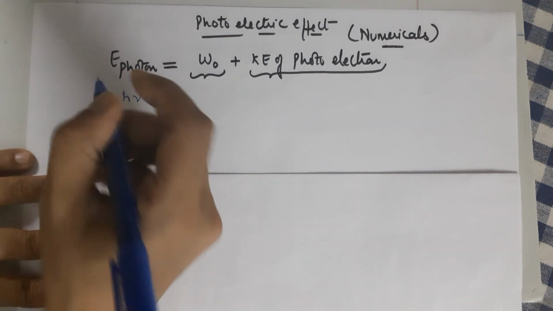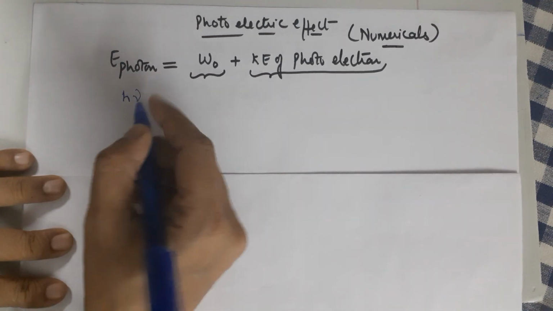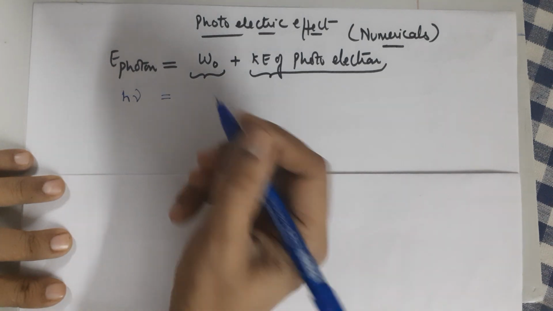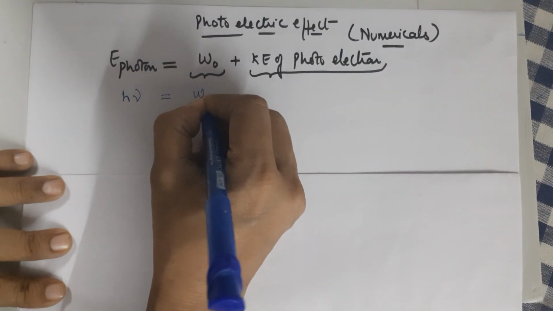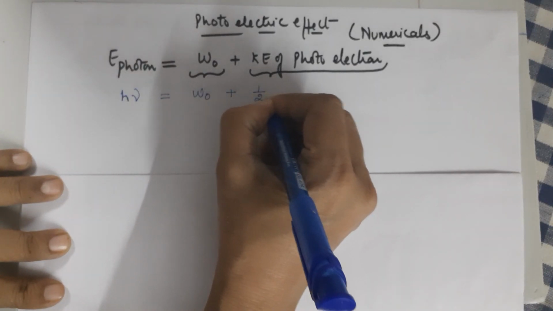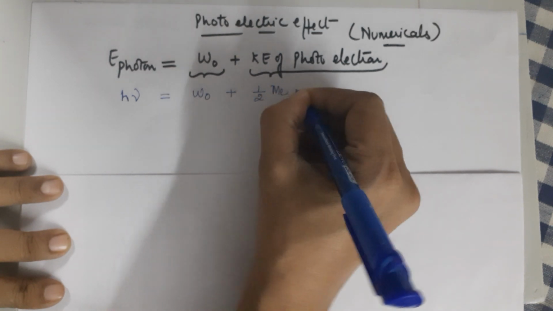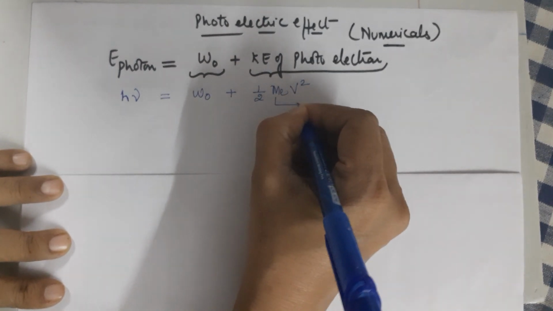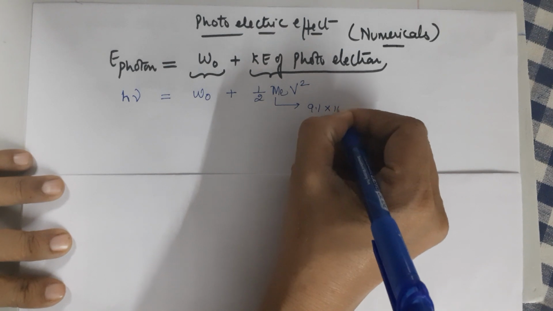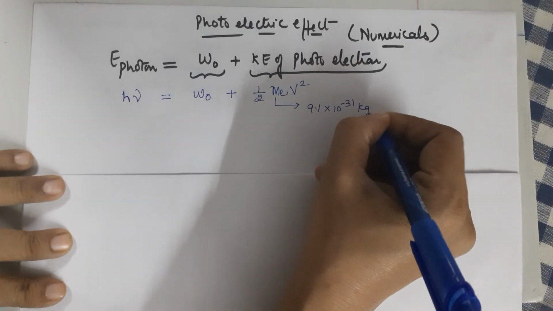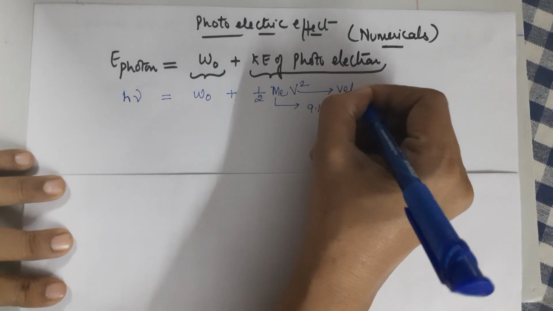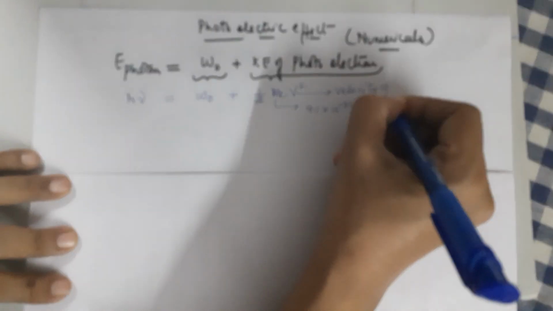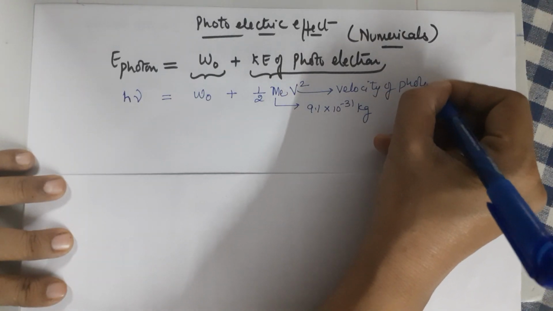H is the Planck's constant, mu is the frequency of the light that you have used. Work function is this. Kinetic energy is half m v square, where mass of the electron is 9.1 into 10 to the power minus 31 kg. V stands for velocity of the photoelectron.